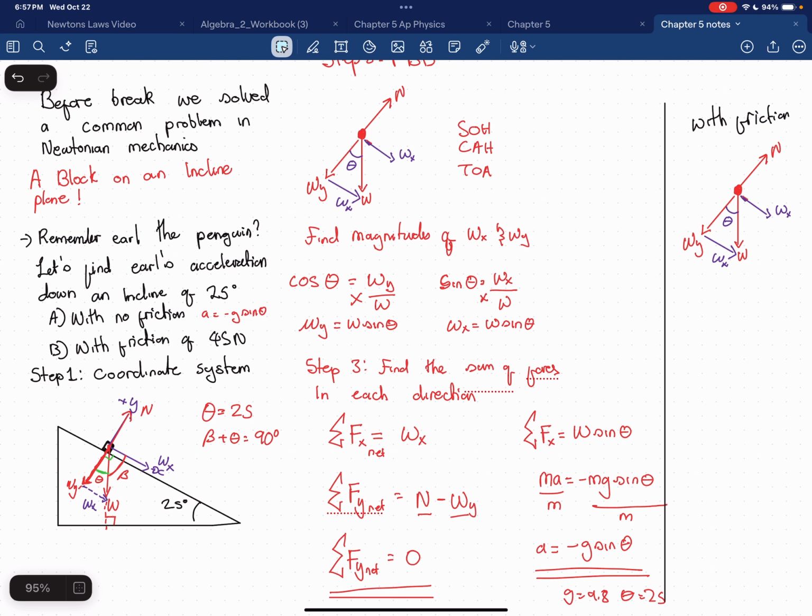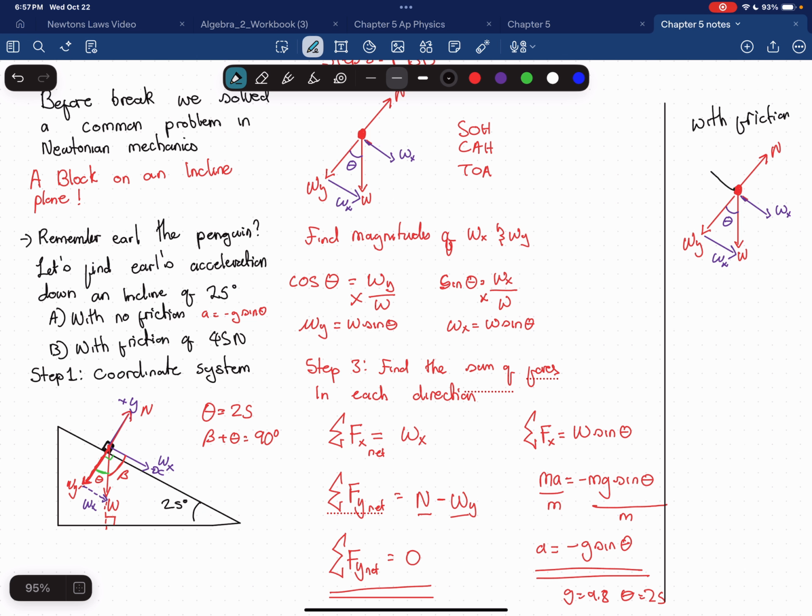So, where will my friction act? Friction always opposes motion, so my friction is going to point to the negative side.